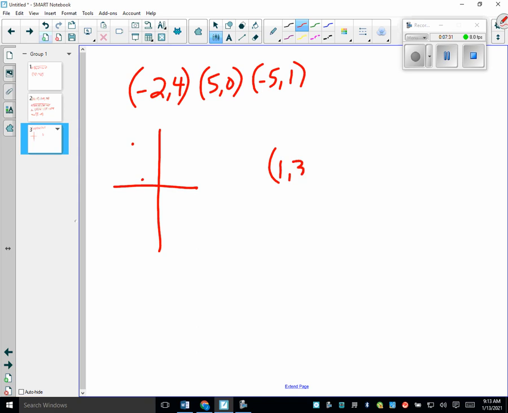What if I gave you this one? This time, 1, 3, 3, 1, and 0, negative 2. Now I don't know. Let's say no. You said get the distance. Okay. So how far is it between these 2 points?